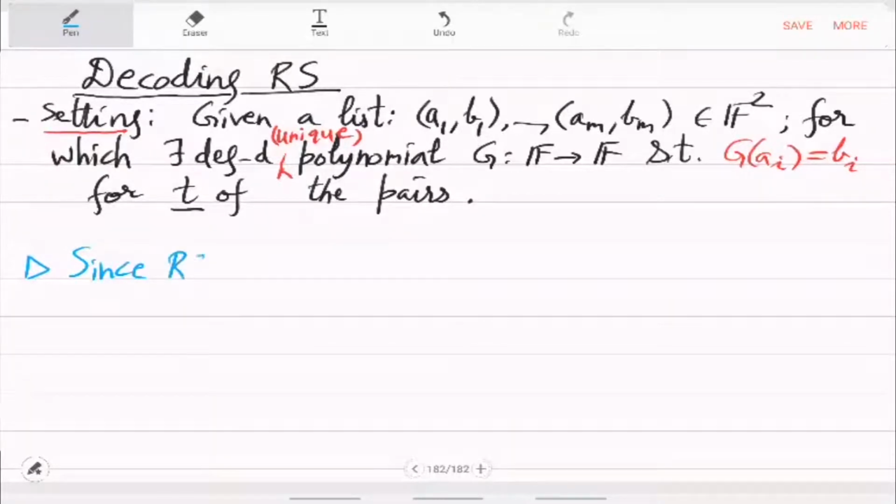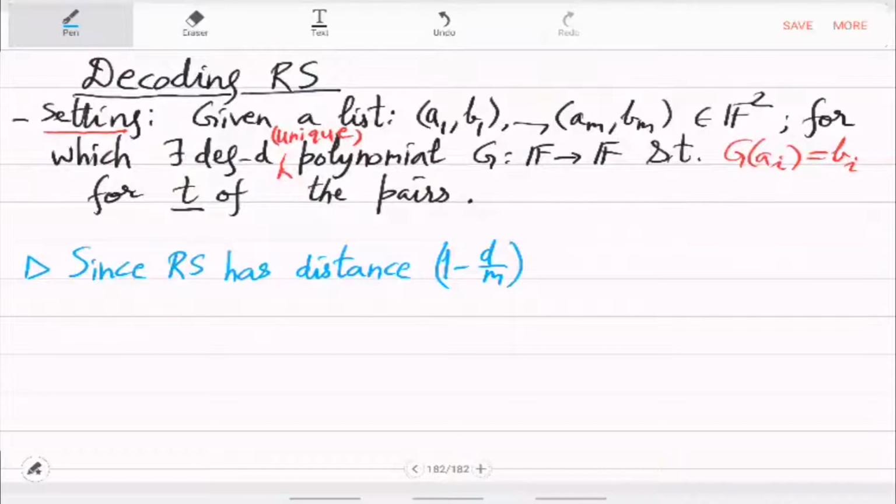Now, since Reed-Solomon has distance 1 minus d by m, right. Remember g is degree d.